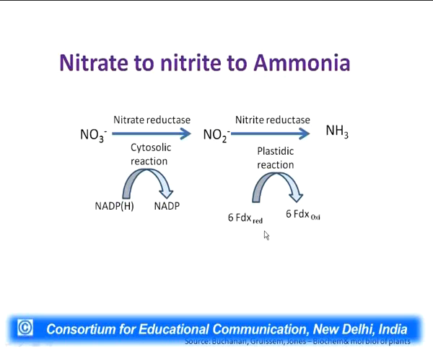So, it uses six reduced ferredoxin, and that six reduced ferredoxin converts into oxidized ferredoxin and the energy is used for ammonia assimilation. So, you will come to know that this is a very low energy requiring process, whereas this is a highly energy requiring process.